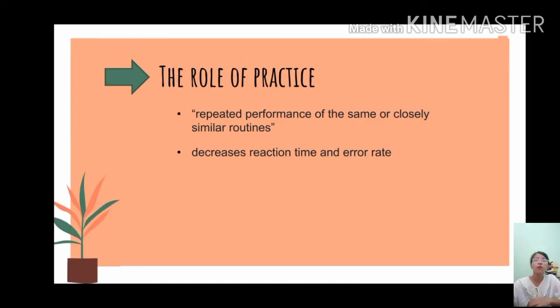According to skill acquisition theory, declarative knowledge can be transformed into procedural knowledge through meaningful practice over trial. But first, let us define practice. Practice is a repeated performance of the same or closely similar routines.